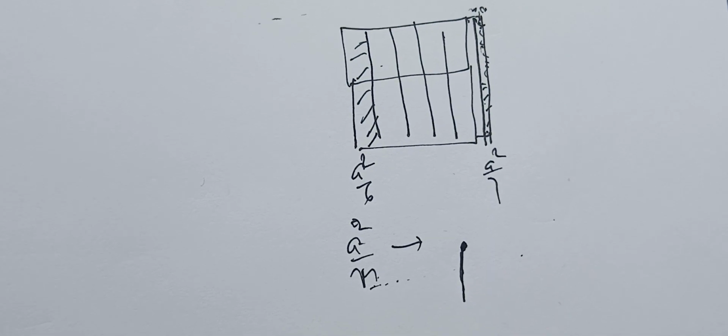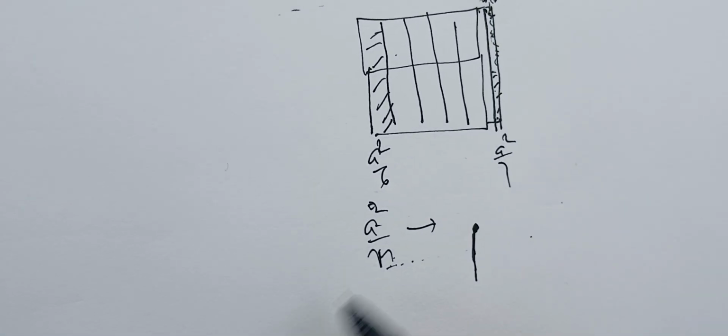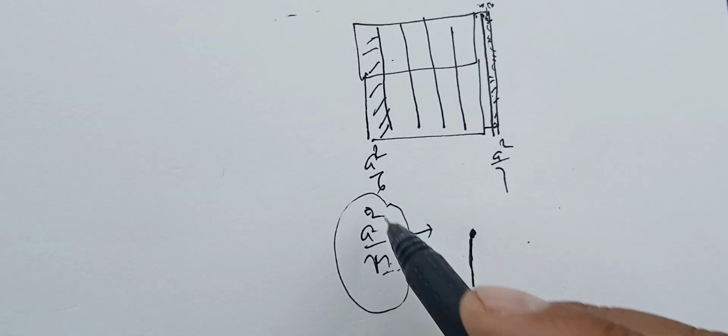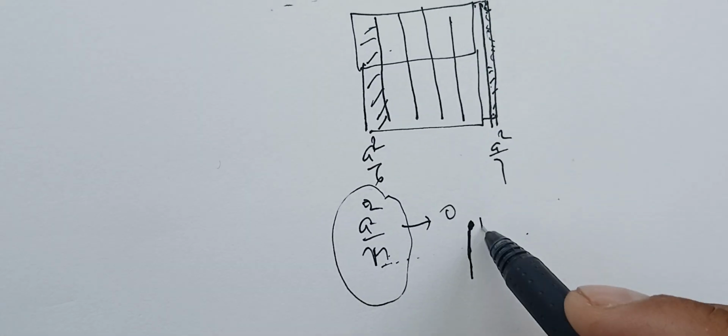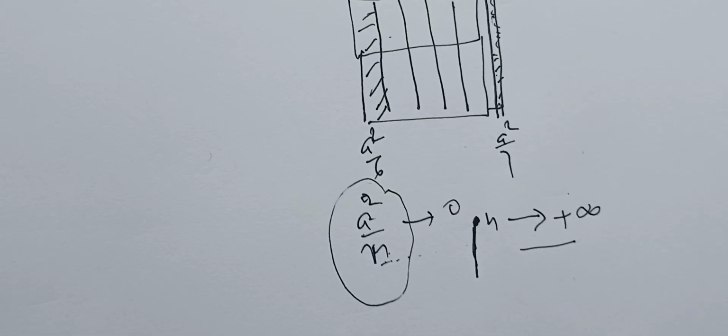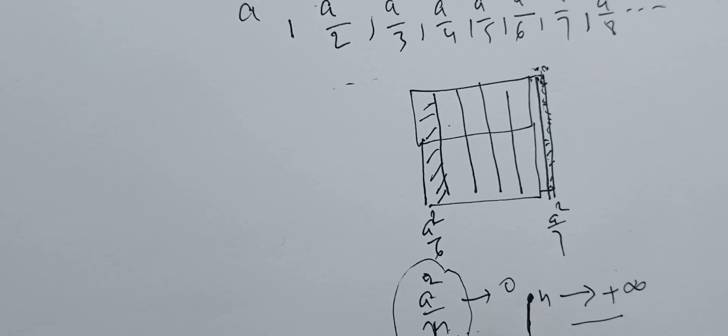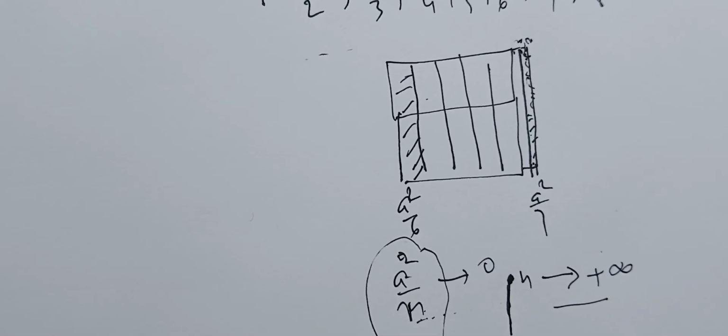In this case, we say that we approach 0 as n gets bigger and bigger. And in this case we define the concept of the limit of a sequence.